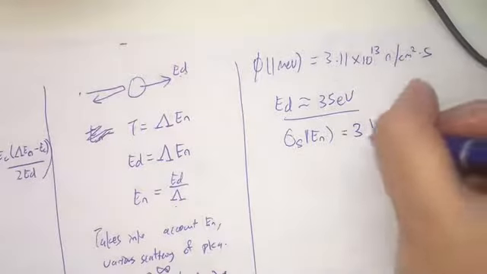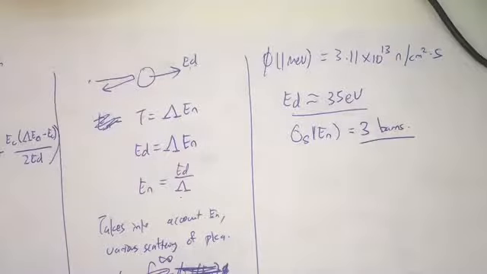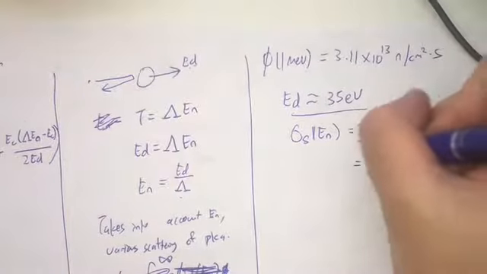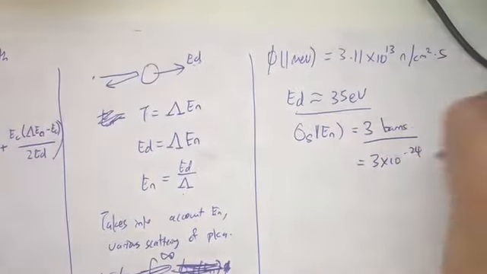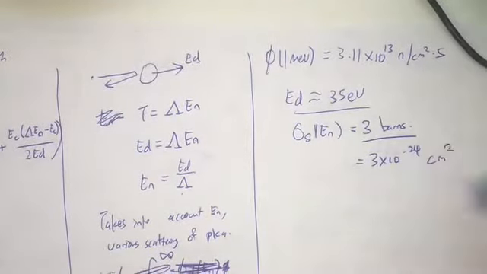Yeah, we have used 3 barns before to calculate the cross-section. So we'll use the same amount to keep things constant so we can have a decent comparison. Okay, so 3 barns, 3 times 10 to the minus 24 cm squared.